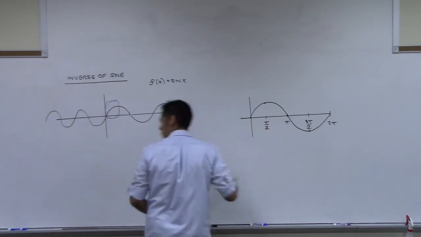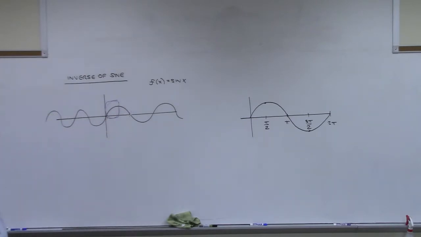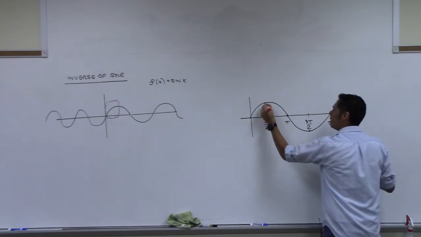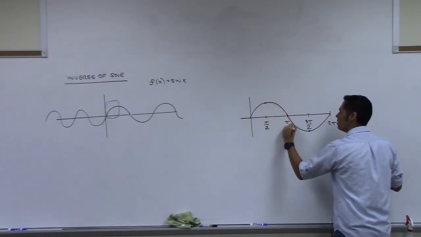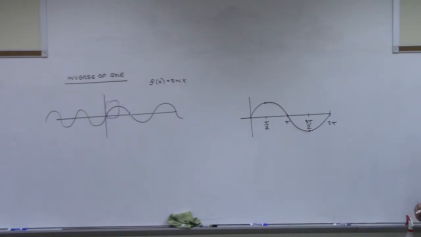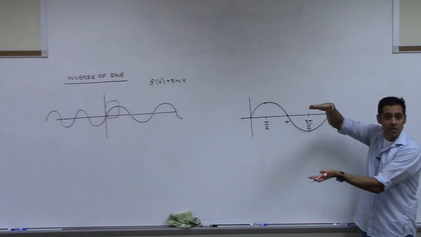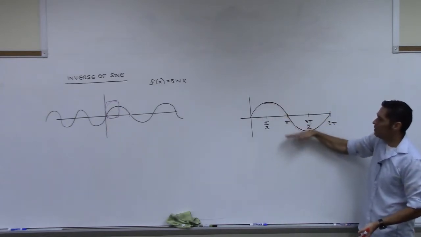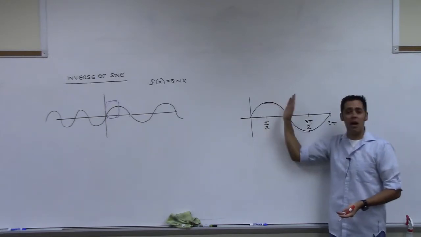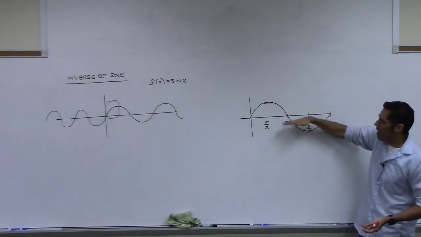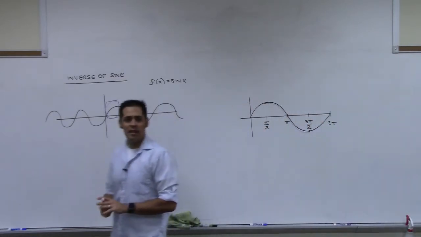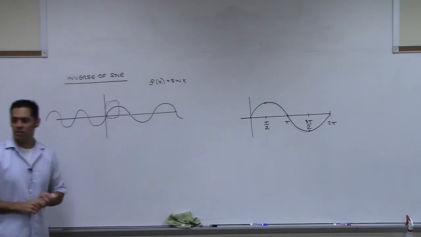If I highlighted just between pi over 2 and 3 pi over 2, would that get me the entire range? Would I get all the values between -1 and 1 here? Yes. Would just that red piece pass the vertical line test? Would that red piece pass the horizontal line test? So that would work. So if I restricted that there, that would suffice.